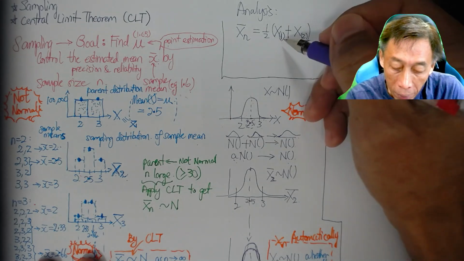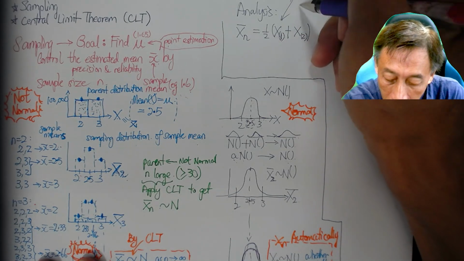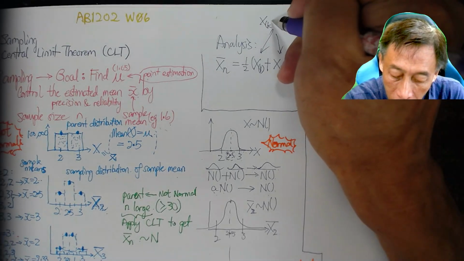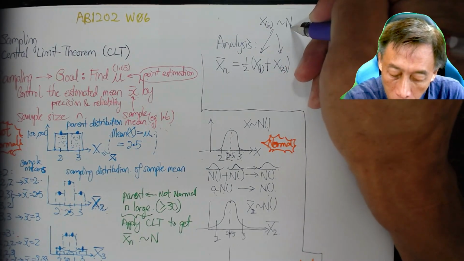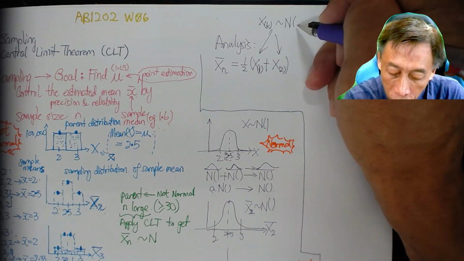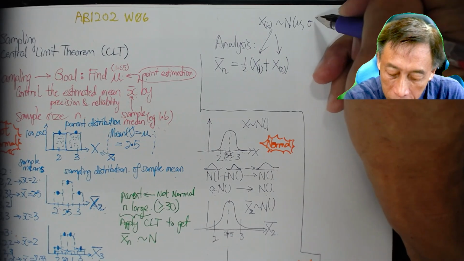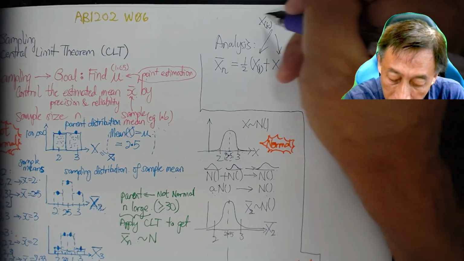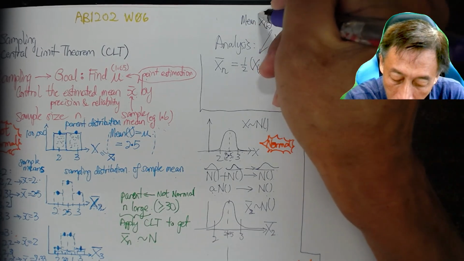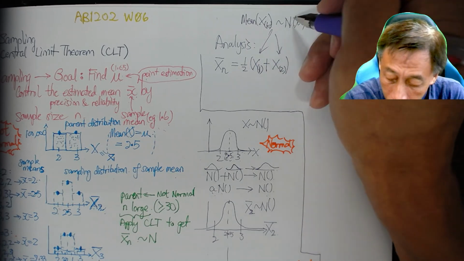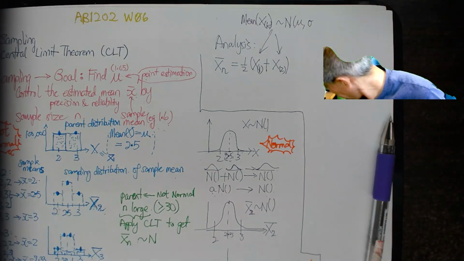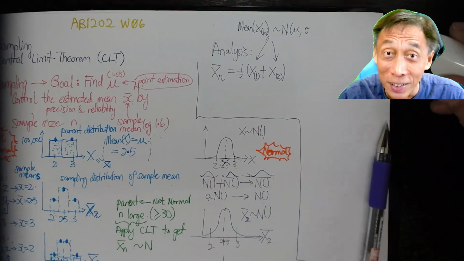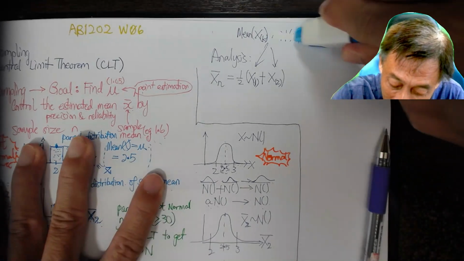Remember, all these x1, x2, or x bracket k follow a normal distribution with a mean of mu and sigma. Sorry, they all have a mean of... that's one thing about writing.